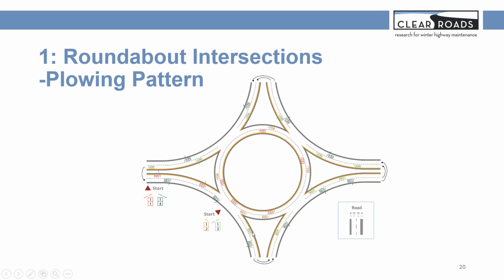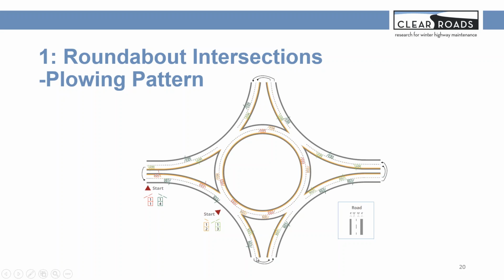Here it extends the left wing plow and pushes the snow to the left, clearing the inside lane of all the legs, and then turns around again to clear the inside lane. When the truck approaches the intersection, it tucks in the wing plow and squares the front plow, and when it passes the intersection, again it extends the wing plow and pushes snow to the left, clearing the inside lane, and continues to clear all 4 legs.